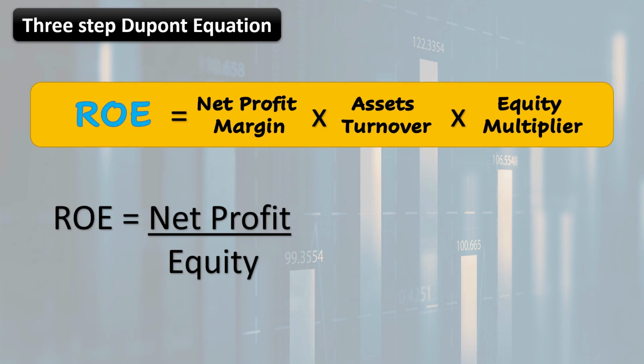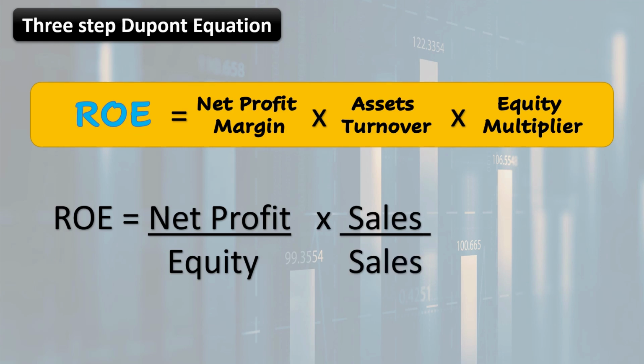The three-step DuPont calculations are as follows. Taking the return on equity equation, return on equity is equal to net income over shareholders' equity. The first step is to multiply the equation by sales and then divide by sales.